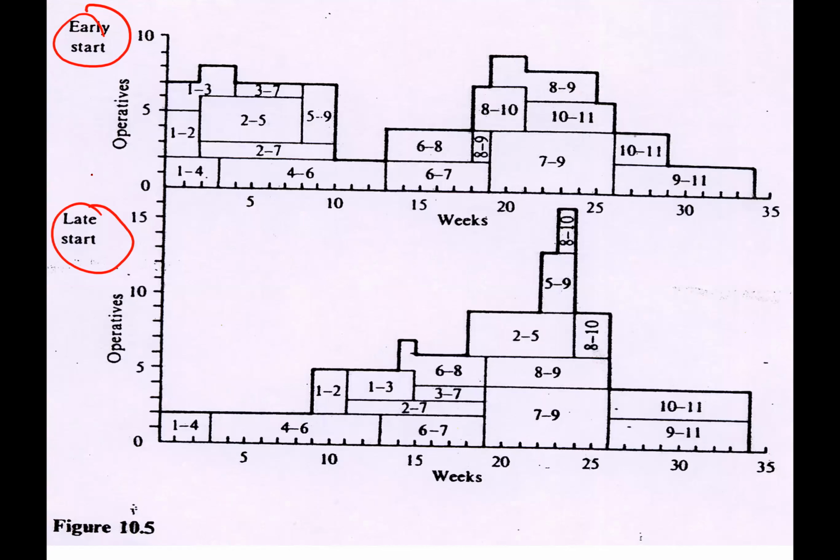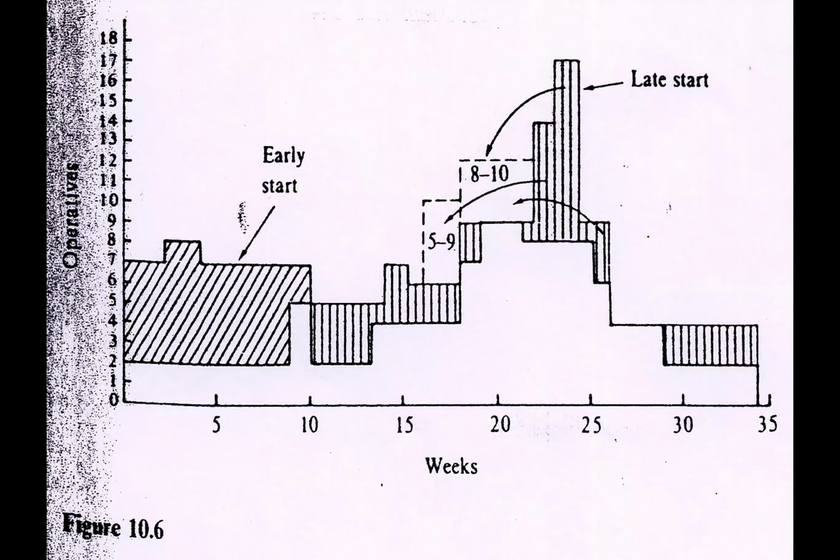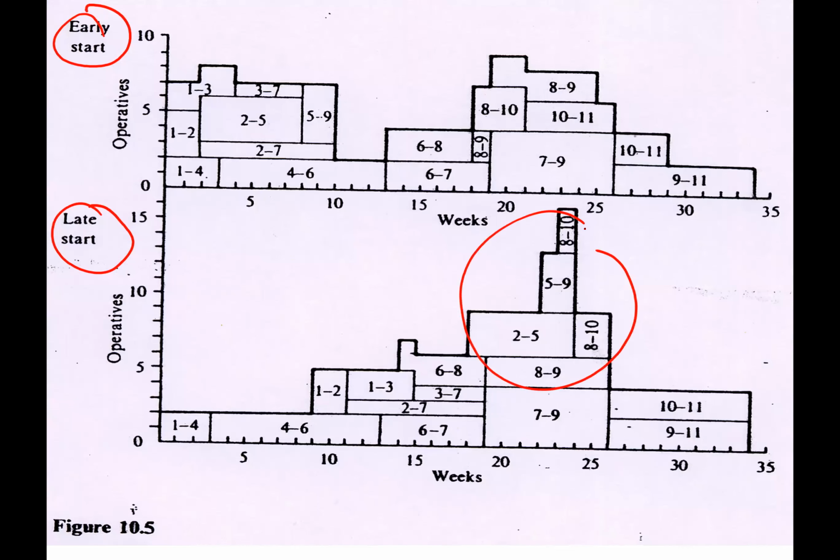We can overlap the graphs together, and then we choose which one we want to use. Let's say we use the early start for some of the activities, but we choose the late start for certain activities, because we do not want this protruding graph.